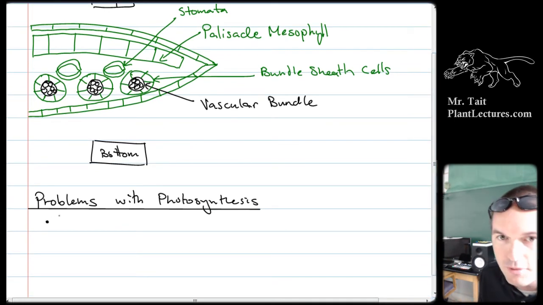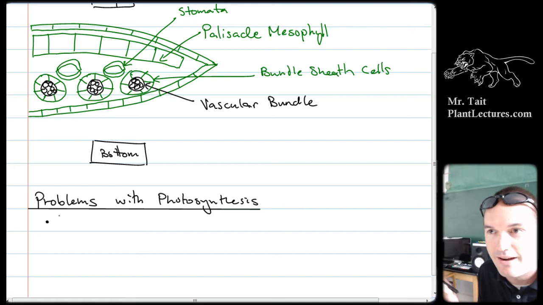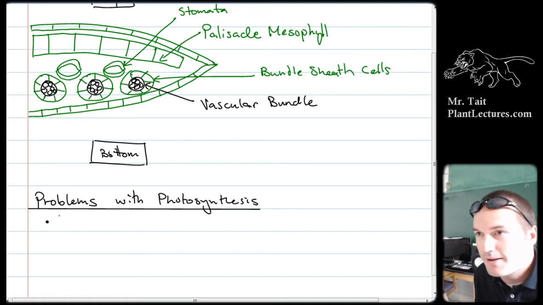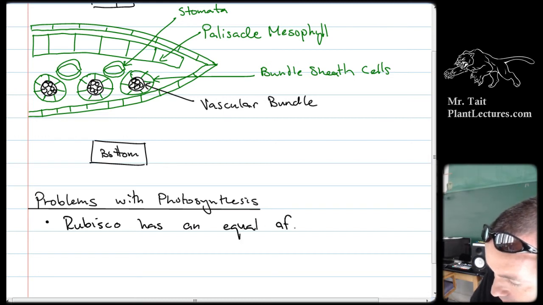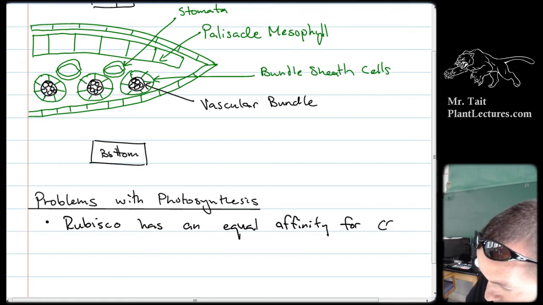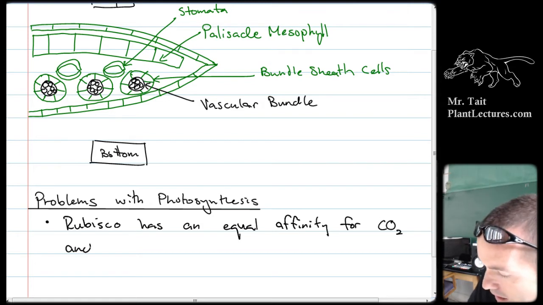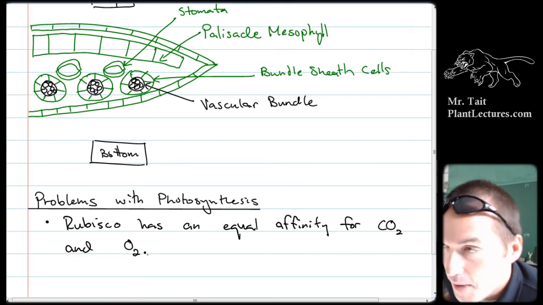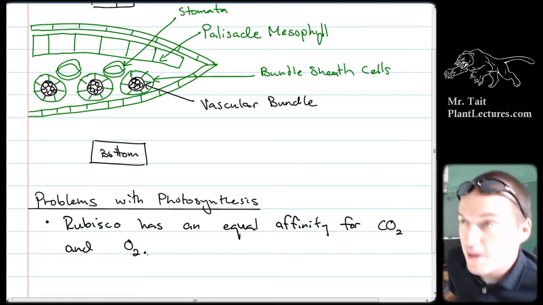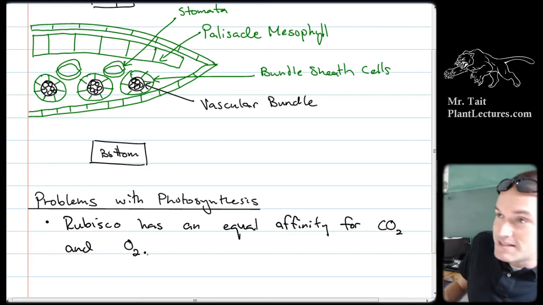Its problem is that it doesn't really care what it binds to as long as it's binding to something, right? So we say that rubisco has an equal affinity for CO2 and O2. That means that rubisco will bind almost equally as well to O2 as it does to CO2.